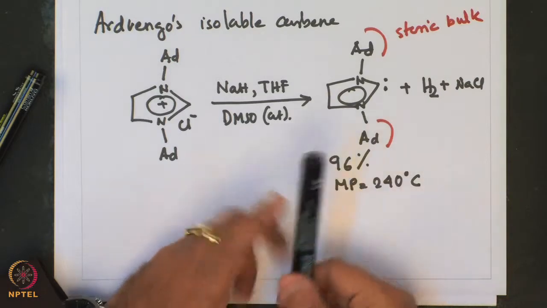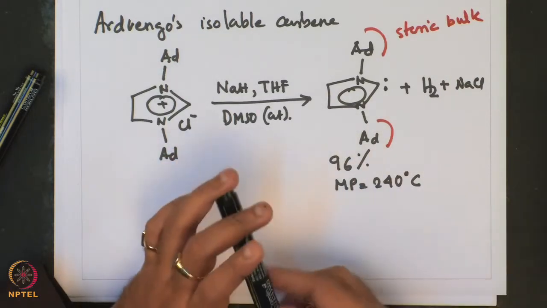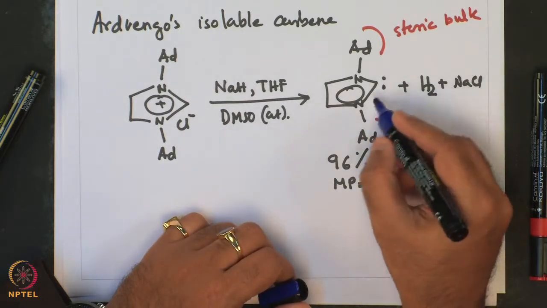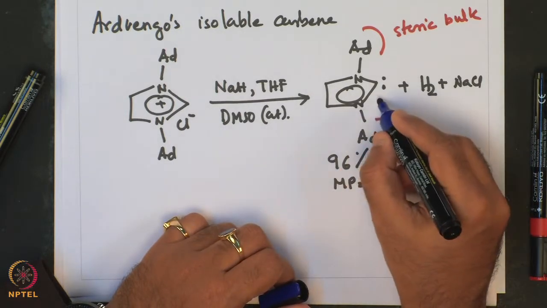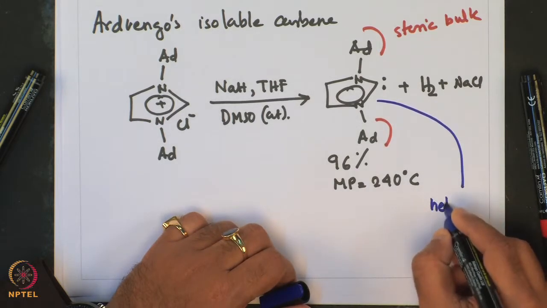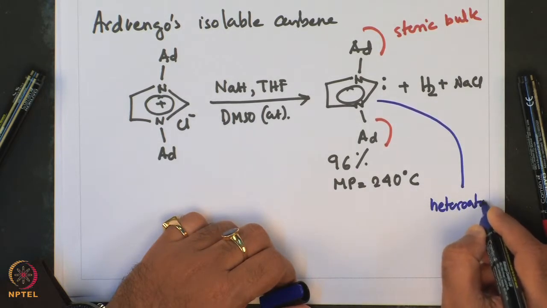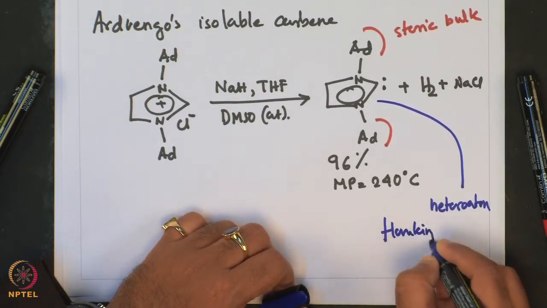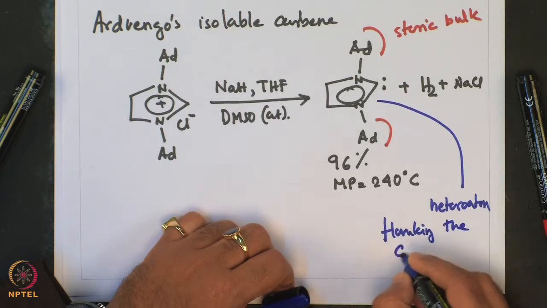The other, apart from the steric strategy, the electronic strategy which Arduengo put in place for isolating the carbene was to have a heteroatom flanking the carbenic carbon.